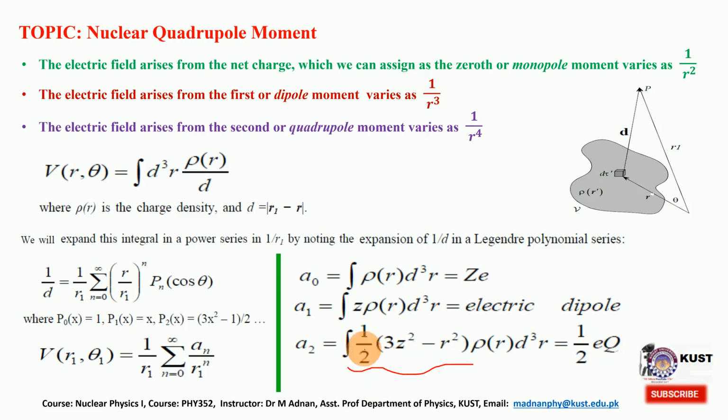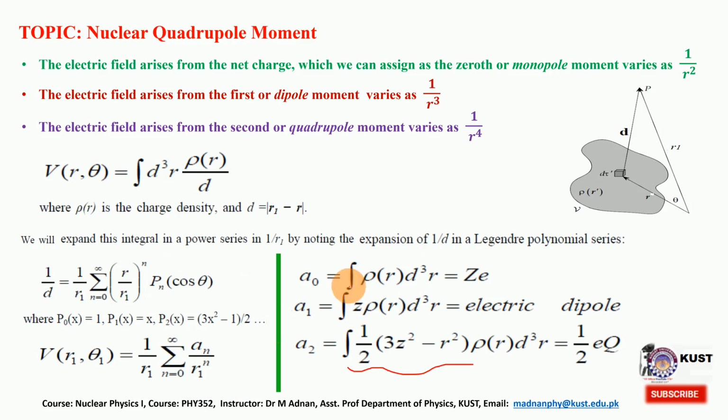If you just solve this integral, this will give you the total charge E, and this 1 over 2 comes from here, and this integral 3z square minus r square will give you the quadrupole moment capital Q. So you need to remember this 3z square minus r square, which arises in the second moment of this Legendre polynomial expression for the potential due to volume charge density. So we'll be using this.